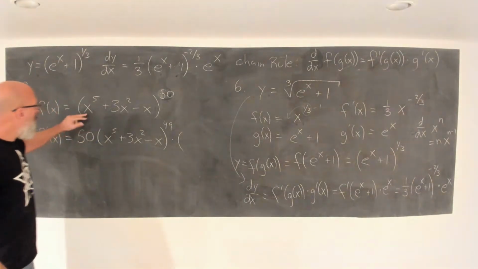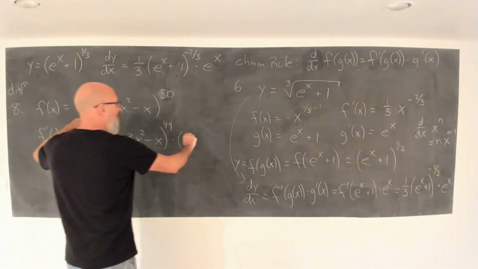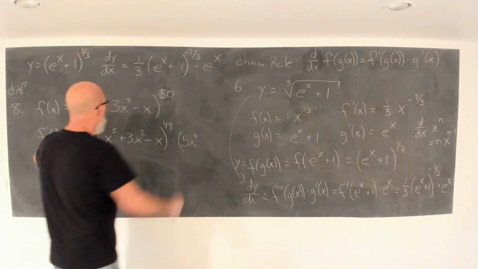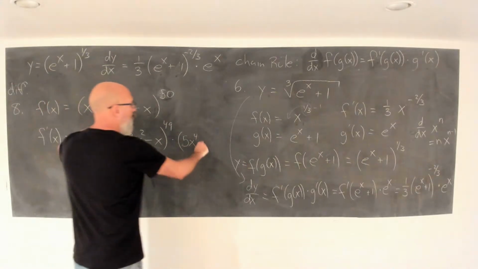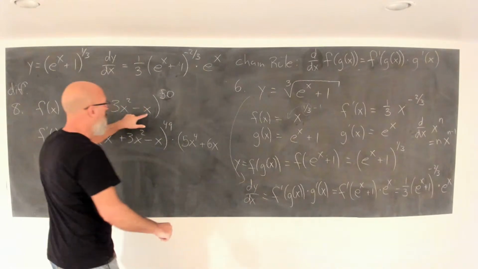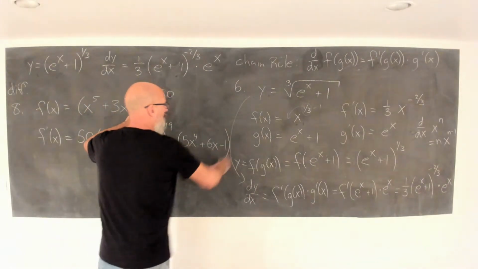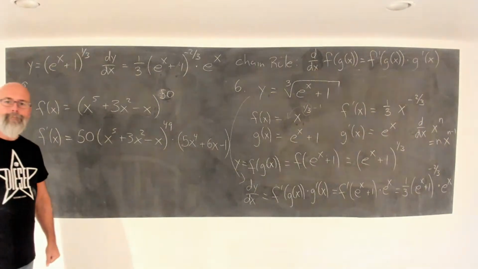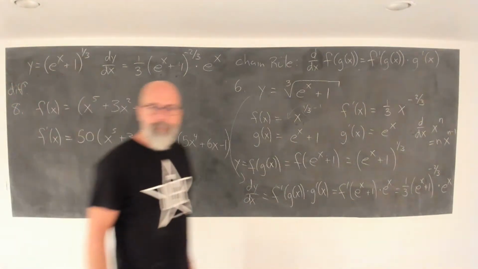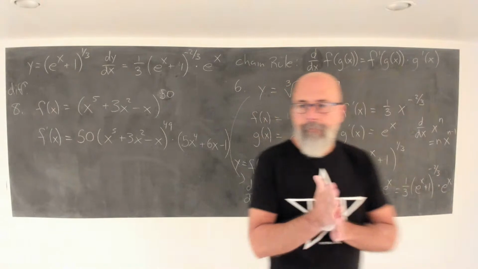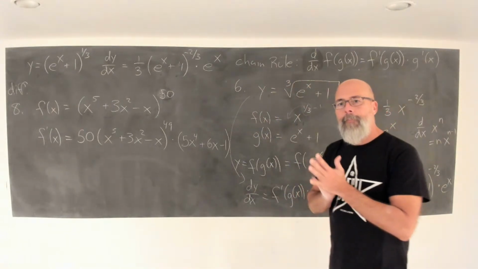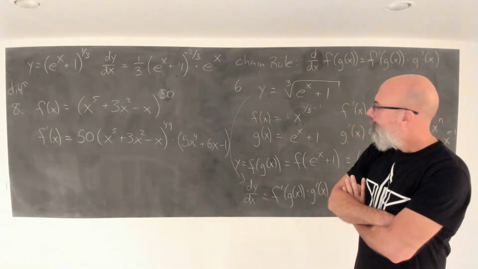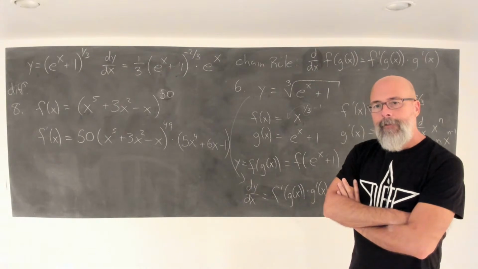This is the inside. Derivative of x to the 5 is 5x to the 4. Derivative of 3x squared, 6x. Derivative of x is 1. There it is. Convinced?